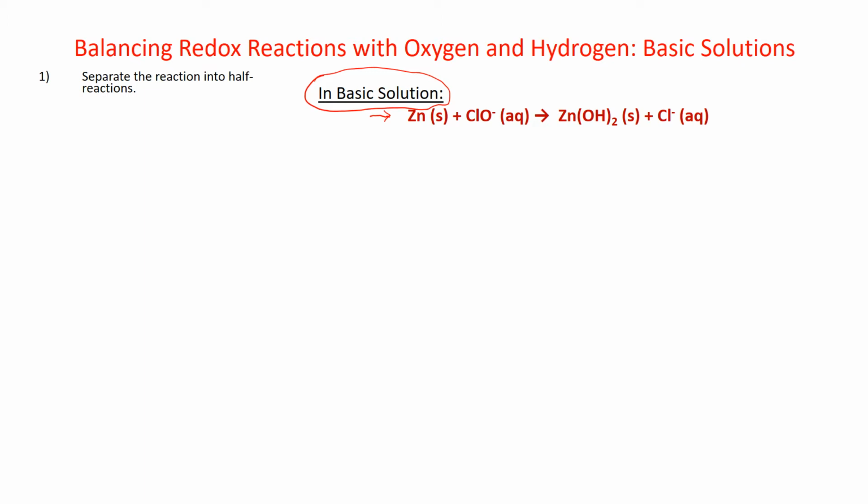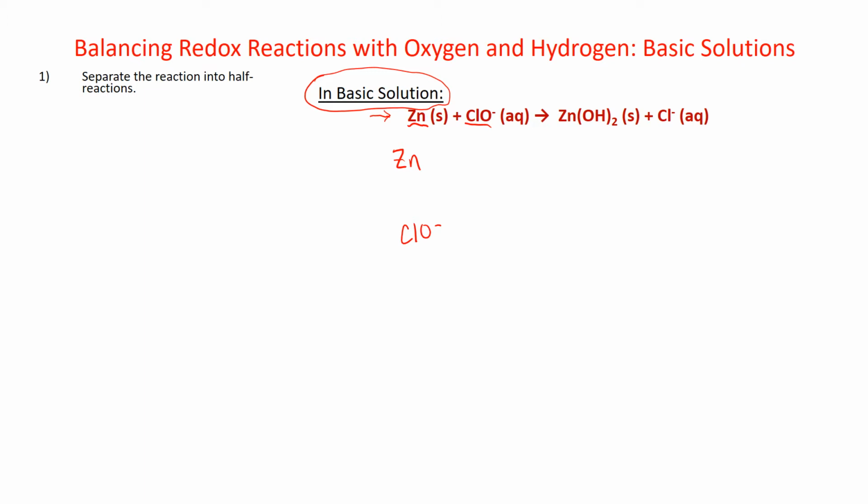Now, whatever type of solution you're dealing with, the first steps for balancing that redox reaction are going to be the same. You're going to separate the reaction into two individual half reactions. So we're going to look at our reactants here. I have zinc and I have hypochlorite ion. They are going to be separated to become the reactants in my two half reactions.